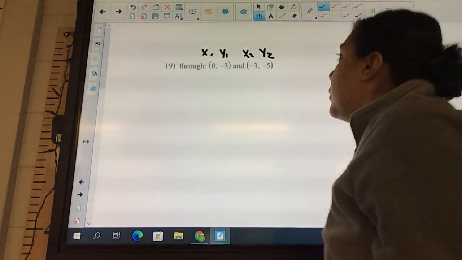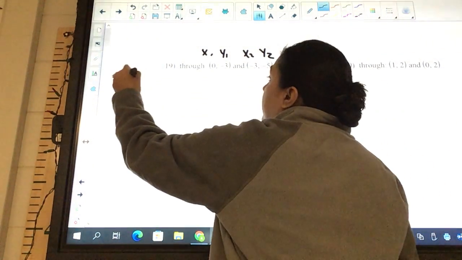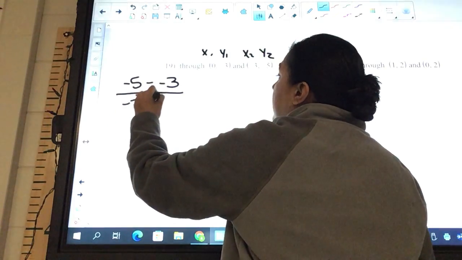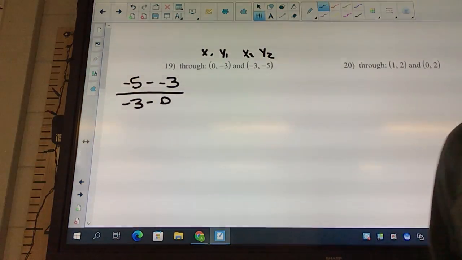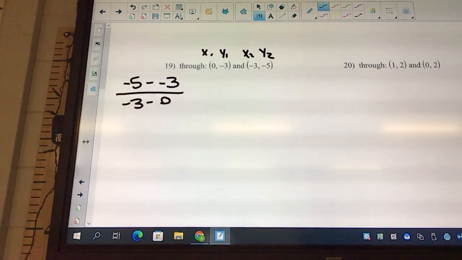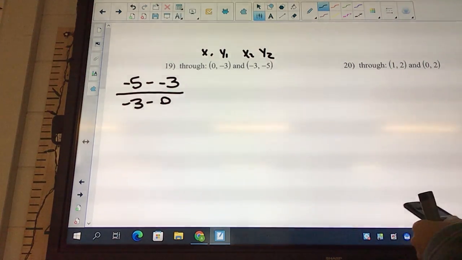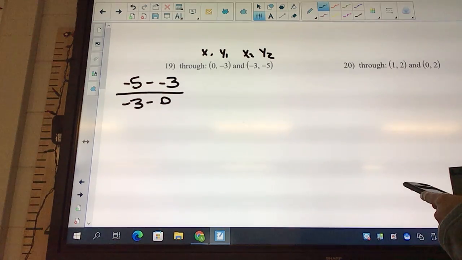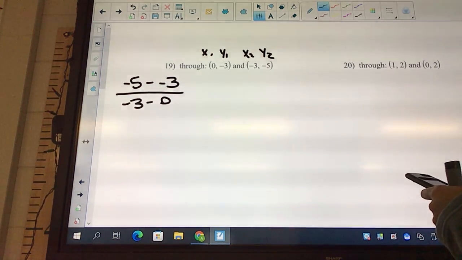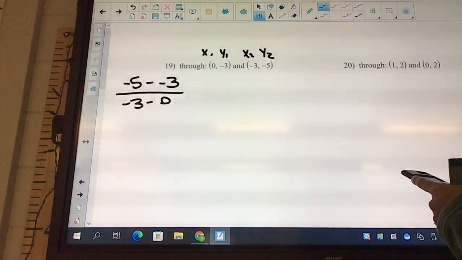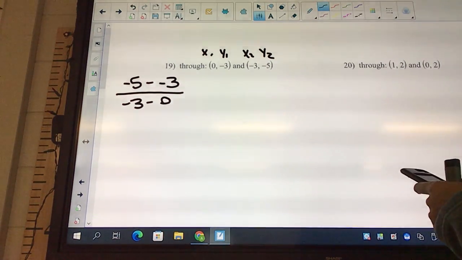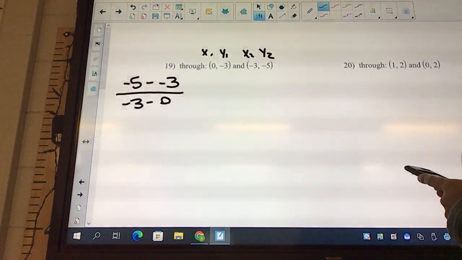So we're going to label. I'm going to have negative 5 minus negative 3 over negative 3 minus 0. Remember, if you keep getting a decimal on your calculator, hit that SD button. It's right above the orange delete button, and that will turn your decimal into a fraction.